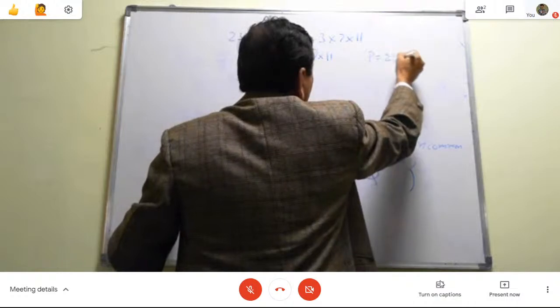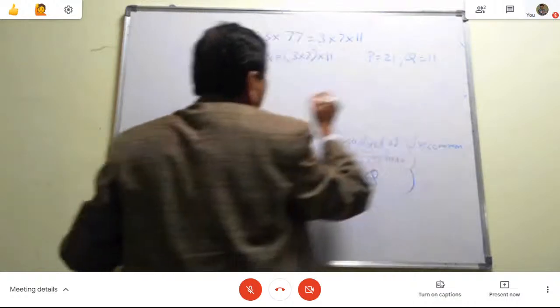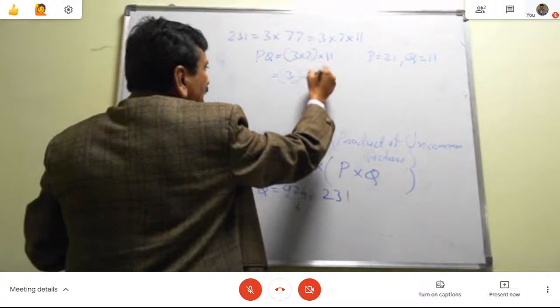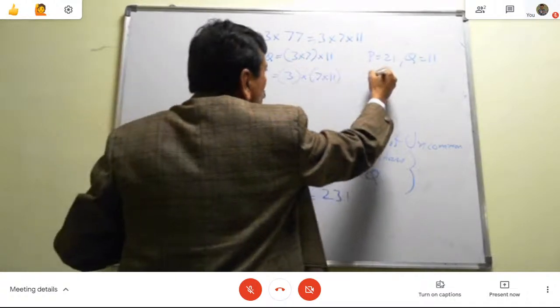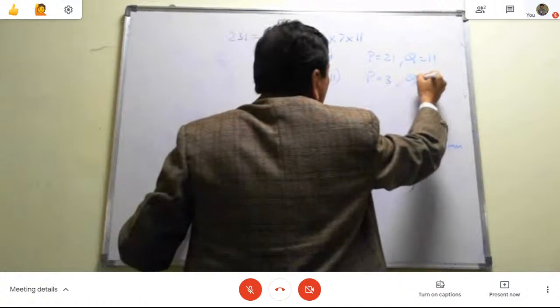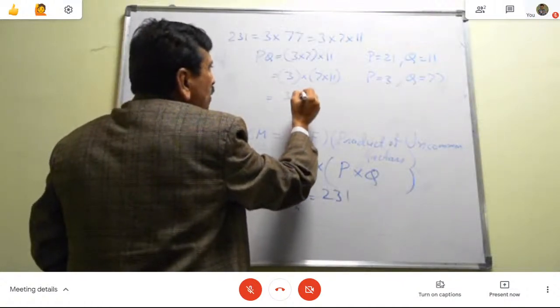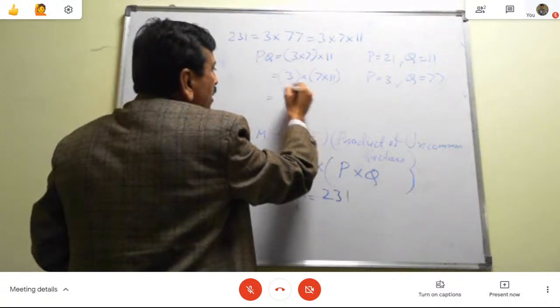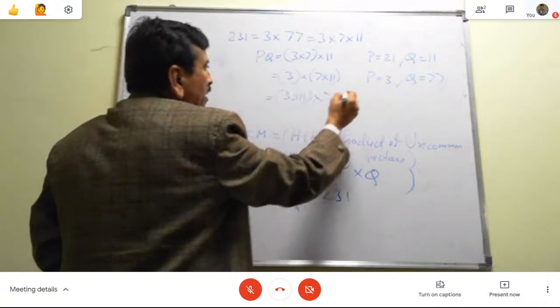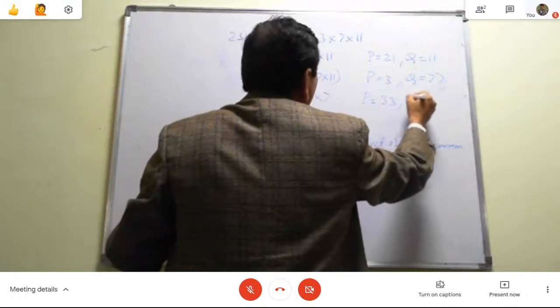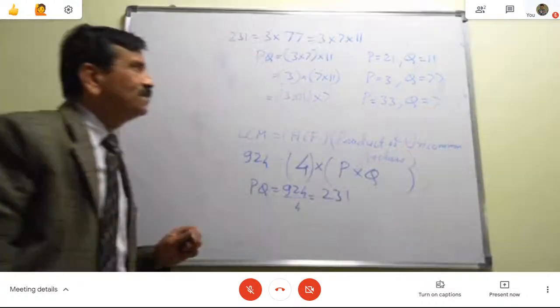So P is equal to 21, Q is equal to 11. Or PQ is equal to 3 into 7 into 11. So P is equal to 3, Q is equal to 77. Or 3 into 11 into 7. So P is equal to 33, Q is equal to 7.